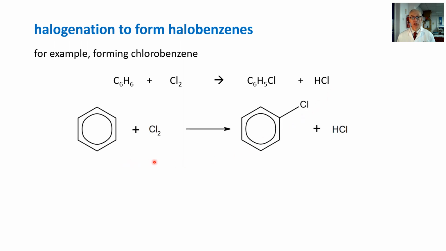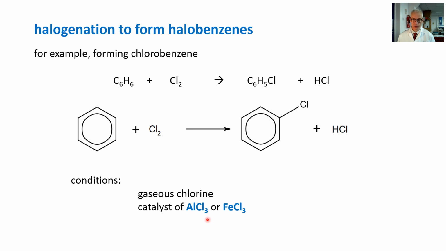If we write that out in terms of some structural formulae and diagrams, we'll see that we've got chlorobenzene with HCl. Now, we need to know the conditions: gaseous chlorine, and crucially a catalyst. So electrophilic substitution, as I mentioned right at the start of this lesson, requires a catalyst. So aluminium trichloride or iron trichloride. Again, we might write the catalyst above the reaction equation arrow.